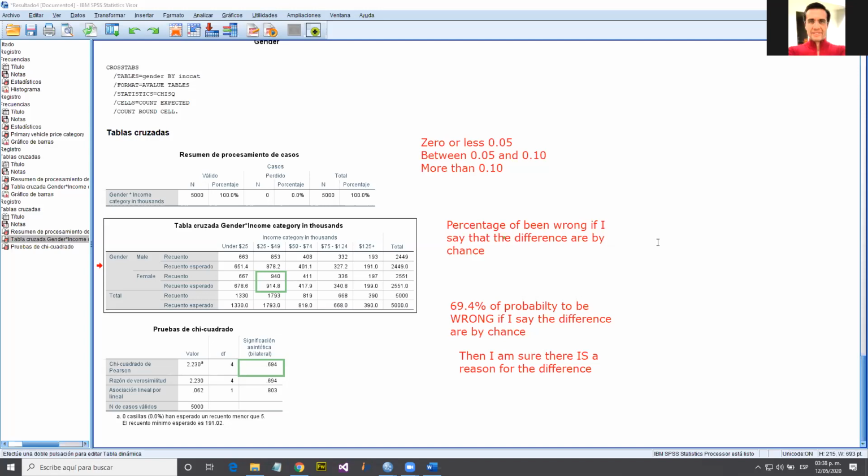So in this case, I am completely sure that yes, the income is in function of gender. So I can put inside of my store products or services with more price aimed at women. I can be sure of that. Women are going to be paying more for products than men.